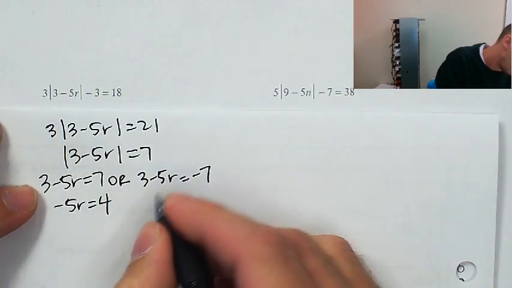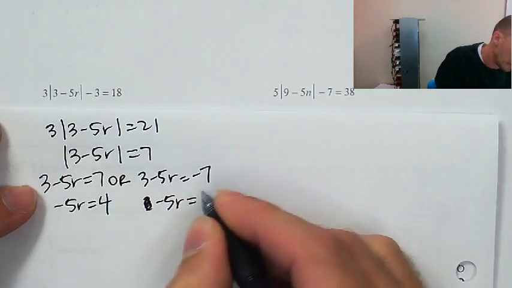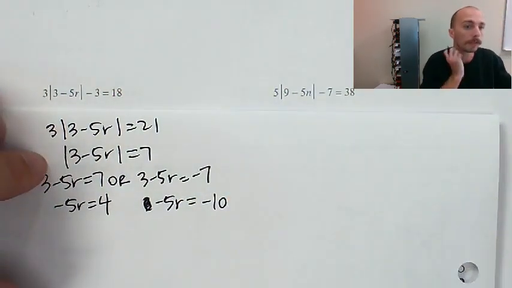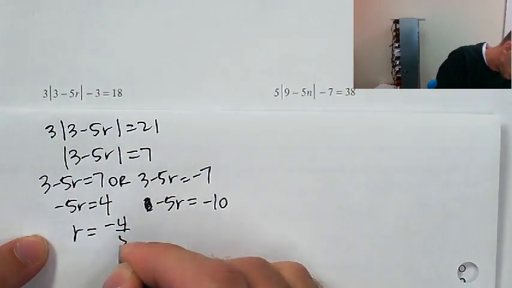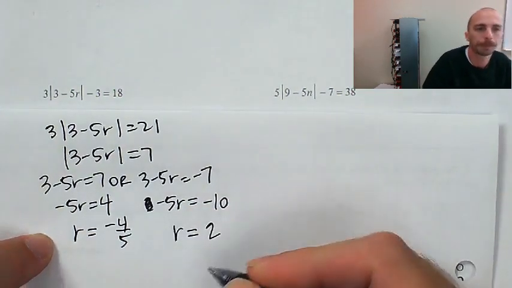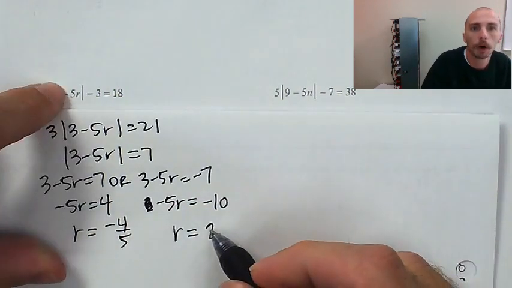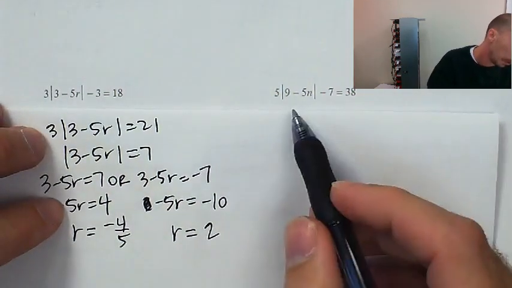So 7 minus 3 is 4. No, I'm subtracting, of negative 5r equals negative 10. And then when I divide both sides by negative 5, I'll have, okay, r is negative 4/5, or maybe r is equal to positive 2. Okay, and again, r is only on the inside of the absolute value, so I don't need to worry about extraneous solutions.